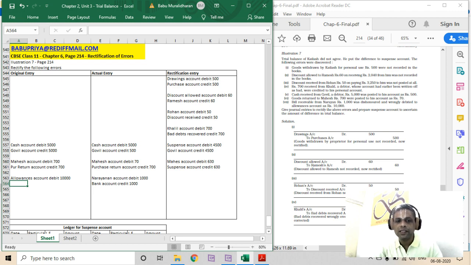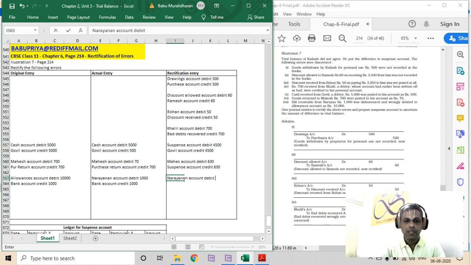There is no mention whether bank account has been incorrectly credited or not. So it's assumed that bank account credit has been done for 1,000 rupees correctly. Now what we have to do is debit Narayanan account 1,000 and debit suspense account 9,000, and allowances account credit 10,000, right?